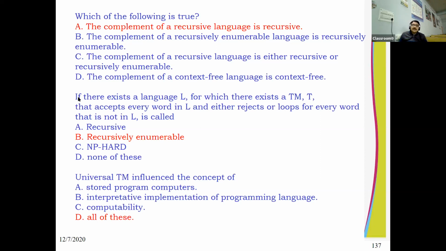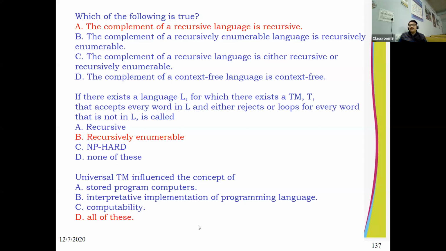Another one is, if there exists a language L for which there exists a Turing machine T that accepts every word in L and either rejects or loops for every word not in L, then L is called what? Recursive, recursive enumerable, NP hard, none of these.